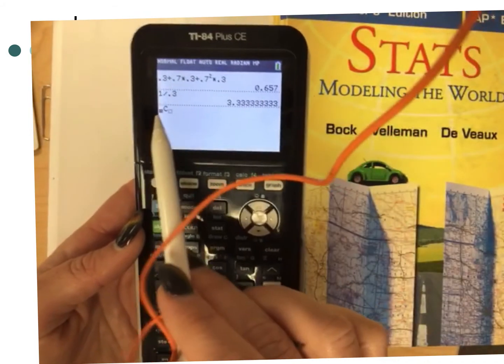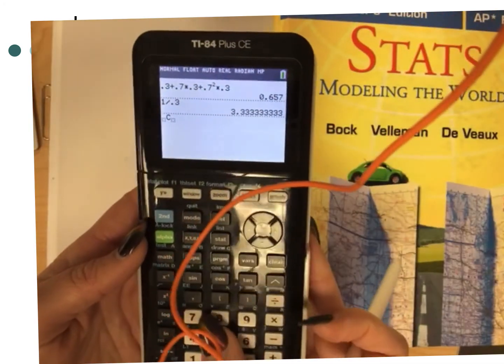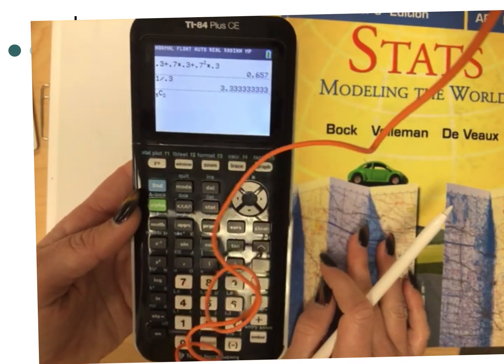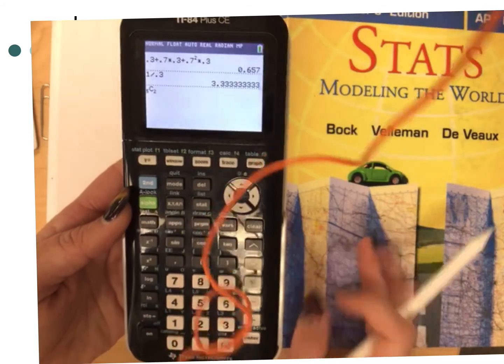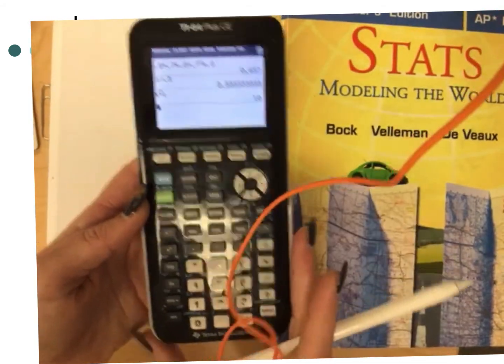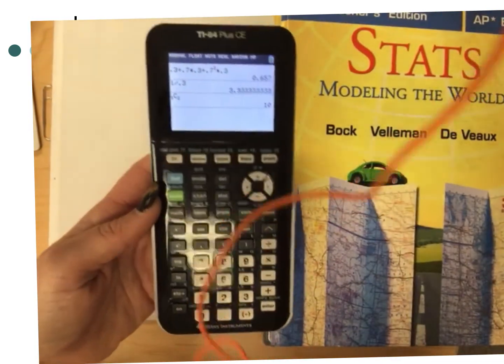And then it gives us 2 little blank boxes. So we're going to put 5 in our first box and 2 in our second box. And I'm just going to hit enter so we see what that number is. 10. That means there's 10 different ways to get 2 speckled candies in a handful of 5.